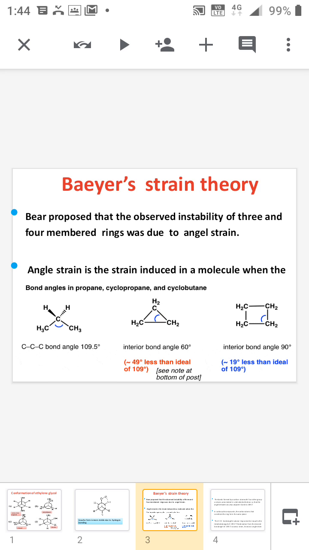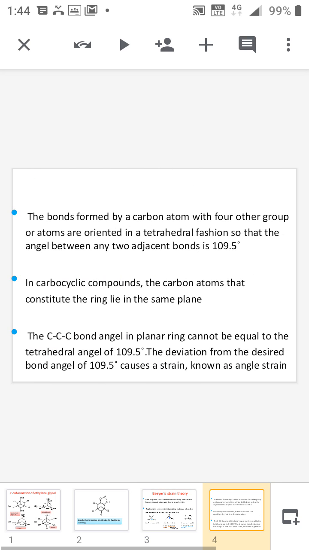That's why every cyclic compound is an extra strained system according to Baeyer theory. And he proposed his theory; the first point is that bonds formed by a carbon atom with 4 other groups or atoms are oriented in a tetrahedral fashion, so that the bond angle between any two adjacent bonds is 109.5 degrees.